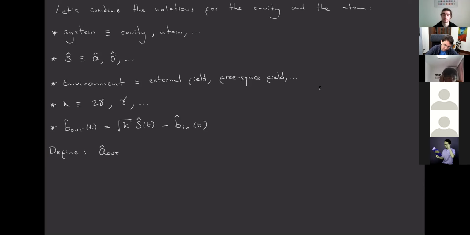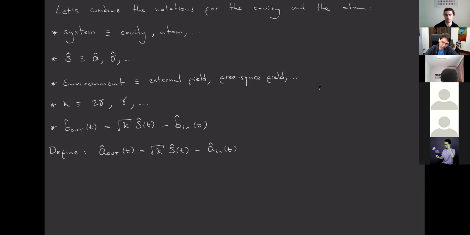In particular, we are going to remove from the output operator that part of the input operator. So we will define A out as the same expression with input-output relations, but with the A operator in the input instead of the B operator.